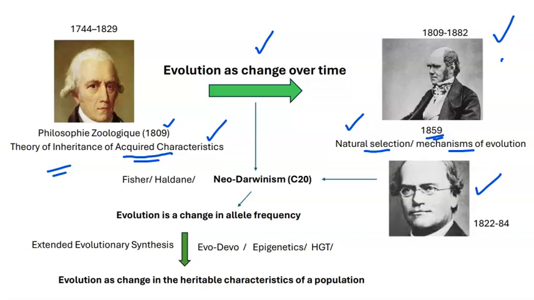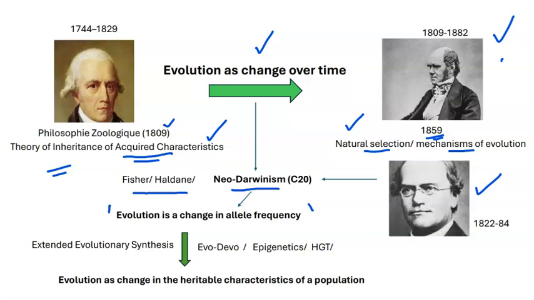Then in the 20th century this was modified by the likes of Fisher and Haldane to create what we would call Neo-Darwinism, which is very much a 20th century development of the definition of evolution, which ultimately in the late 20th century might have been described in the following way: that evolution is a change in allele frequency, and that's certainly something that will resonate with students when you are looking at the idea of gene pools and equilibrium within gene pools.